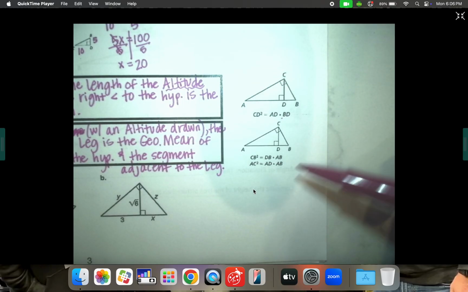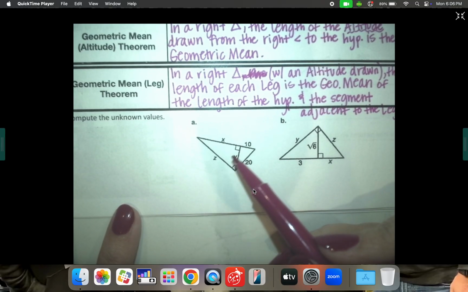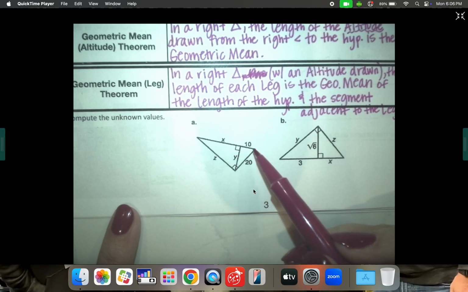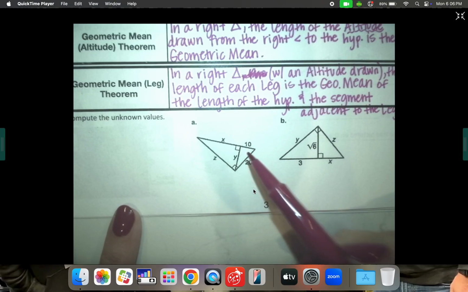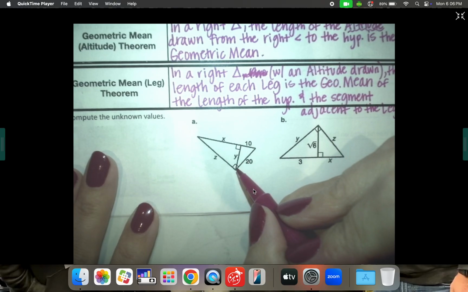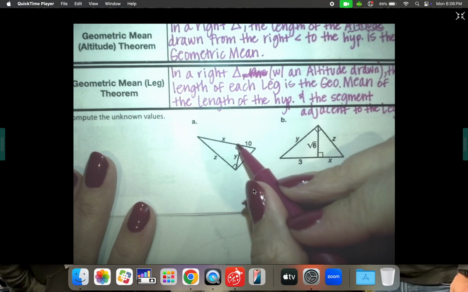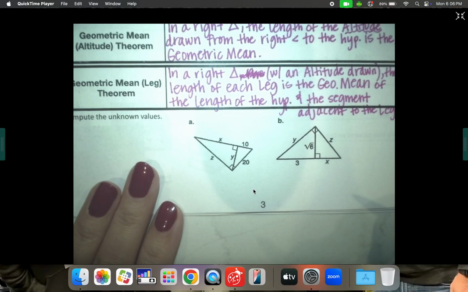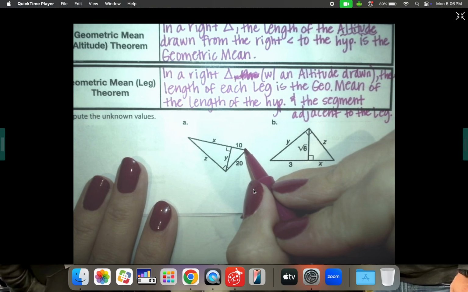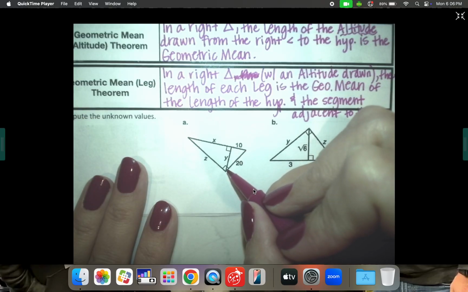And now I want you to put it all together over here in these two problems. We're going to compute the unknown values. So in A, we have X, Y, and Z to find, and all they gave us is 20 and 10. So we've got a little work to do, but if you know that the short leg and the hypotenuse, you know this is probably a 30, 60, 90 triangle. We learned that yesterday or in 9.2 because the short leg is half or the hypotenuse is double, this is x and this one would be 2x.